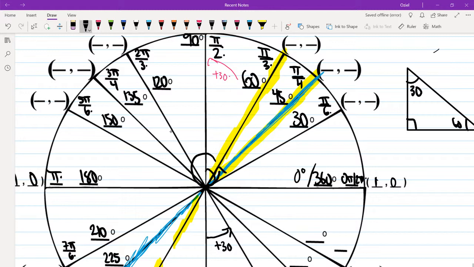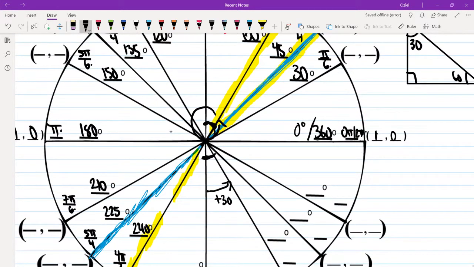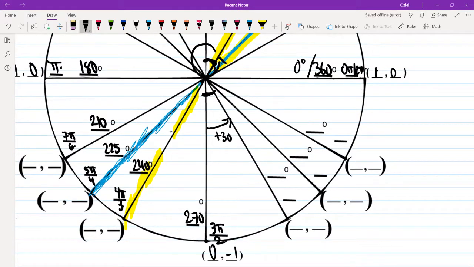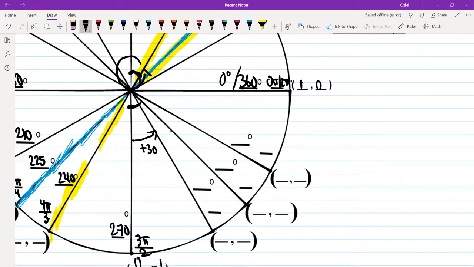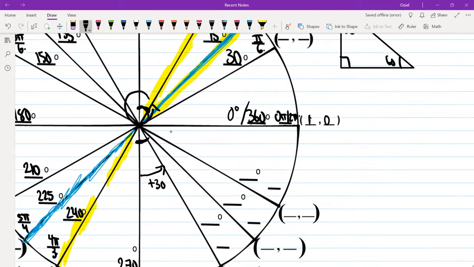And this angle right here is the same amount as this one in terms of right triangles. So it would be plus 30 degrees. So this one would be 300.